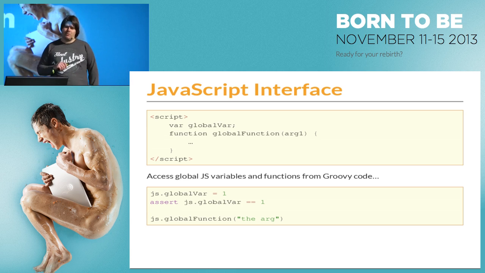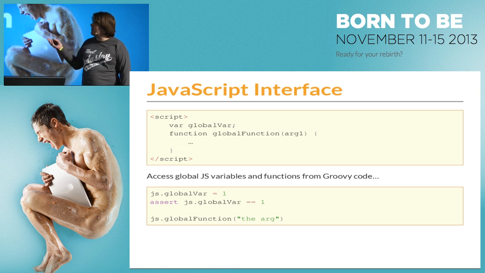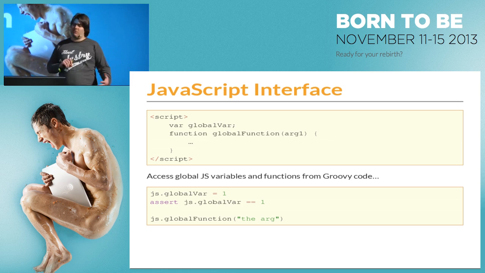Some more advanced features, Geb provides a way to interact with JavaScript directly. So let's say you have a script block with a global variable and some global JavaScript function. In the case that you really need to, you can interact with those variables and functions directly. Means from your Geb spec, you have this JS property there, and via that you can read global variables, you can write global variables, and you can even invoke JavaScript functions.